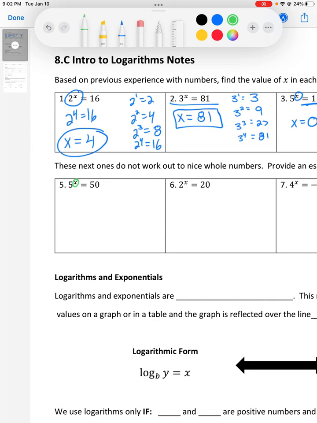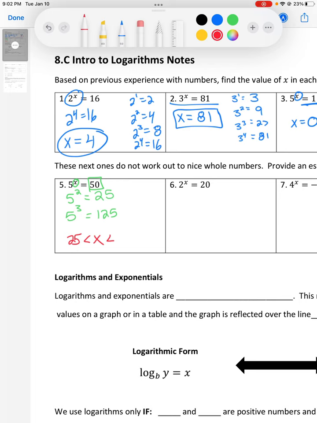You can think about it this way. 5 squared equals 25. And then what's 5 to the 3? Well, that's 125. Does 50 fall in between 25 and 125? Yeah, it does.